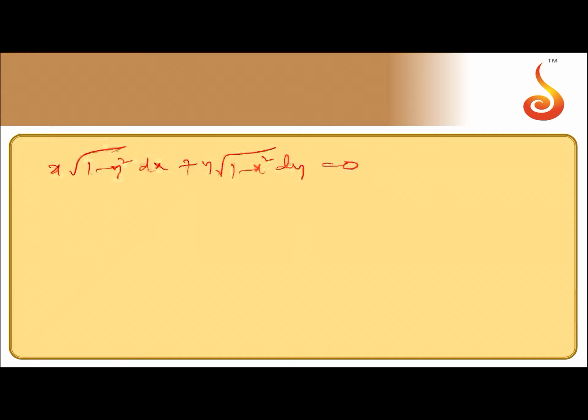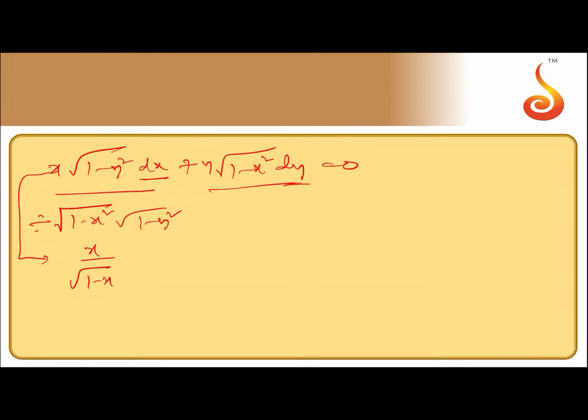While solving it, why can't you bring the variables to be separated? Here, as dx is there, bring x values to the left hand side, and y variables because of dy. So we divide by root of 1 minus x square, root of 1 minus y square together. Then you would be getting x divided by root of 1 minus x square into dx, plus y divided by root of 1 minus y square into dy is equal to 0. Now variables have been separated.